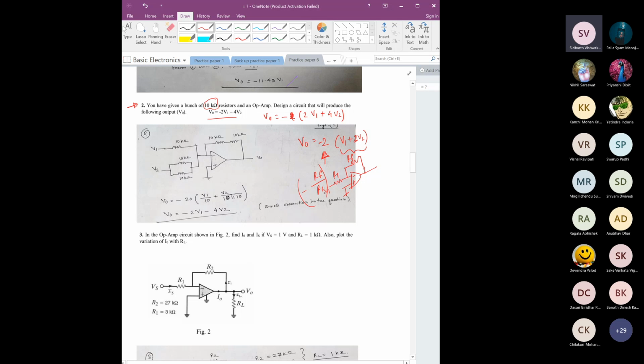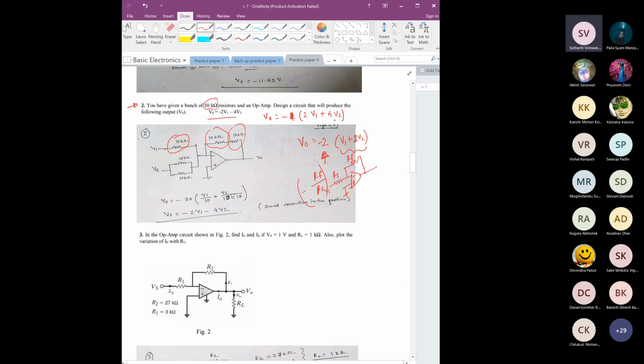So this RF has to be 2 times R1. So here we are taking two 10 kilo ohm resistances in series, which makes 20K, and we are using only this 10K for V1. That way, we understand that for V1 the output would be 2V1, so this part is fixed.